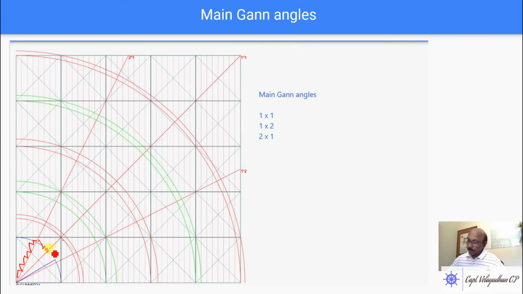Once it corrects to the 1 by 1 line, most of the time it may take support here again and move up. And at some time, it tries to correct again, then corrects further. Maybe it can come down to this level, 1 by 2. Then again it may take support and go. This is the way the market moves most of the time.